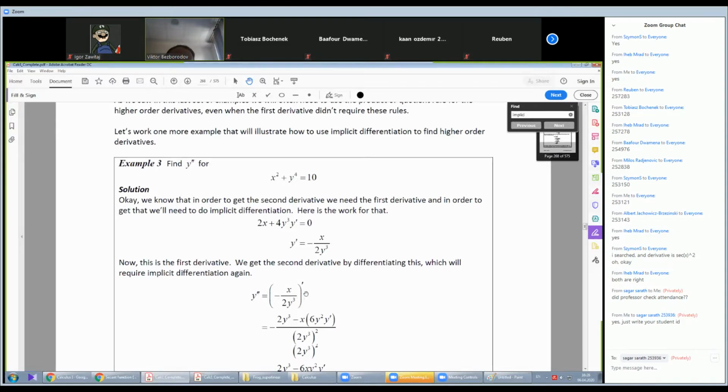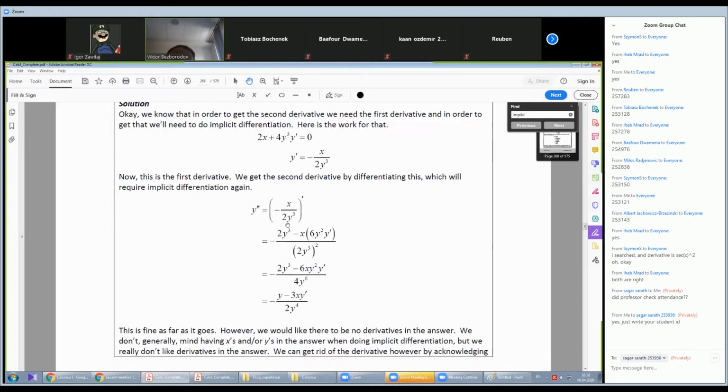And now to take the second derivative, you find y prime explicitly, and then you take the derivatives of both parts here, right? And this is what you get in the end. So you just find the first derivative explicitly, and then you differentiate.